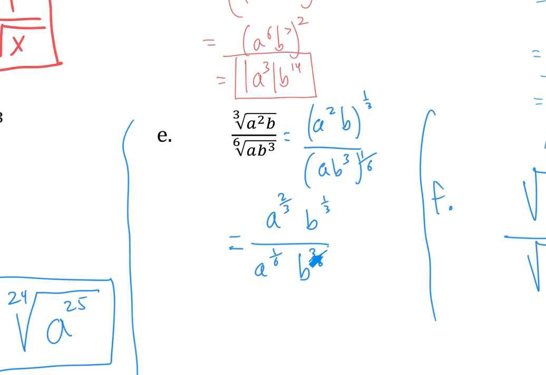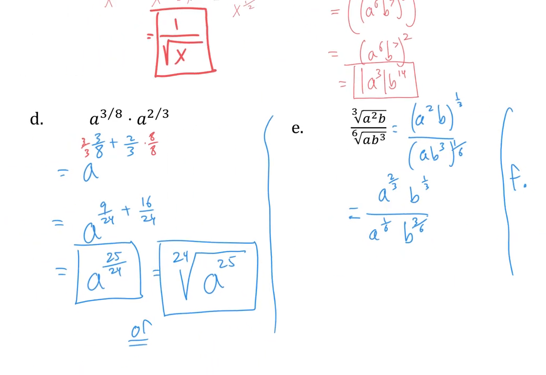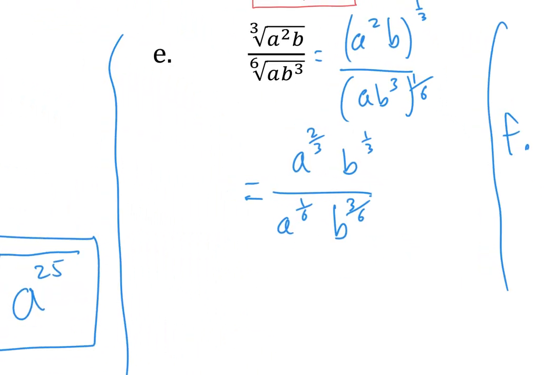Now, we could simplify this, but actually I'm going to leave it alone because we now need to simplify these. But that means dealing with denominators, kind of like we did in the previous one over here. Okay, we need to get common denominators.